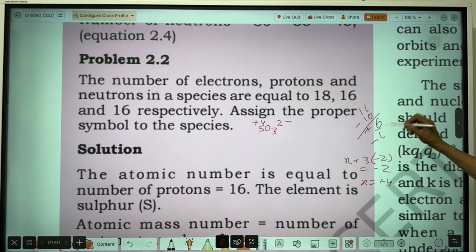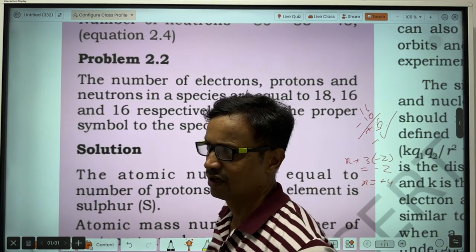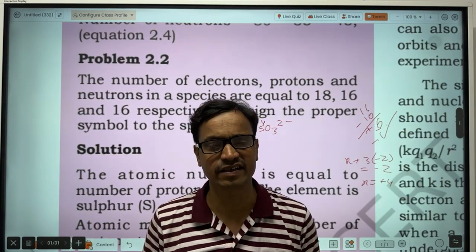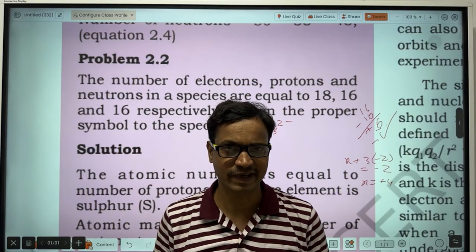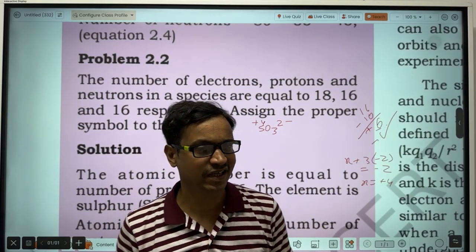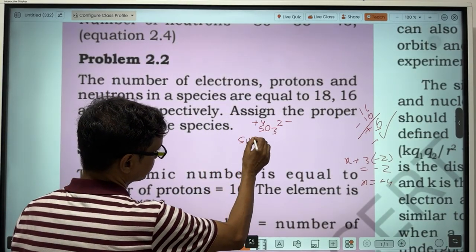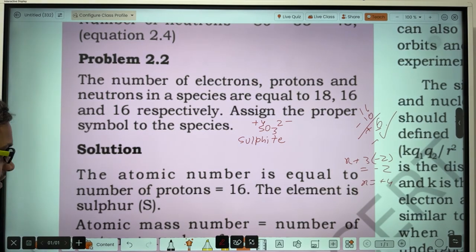So sulfur is exhibiting an oxidation state 2 units less than the maximum oxidation state it could show. That's why we use the word sulfite, so it will be "ite."